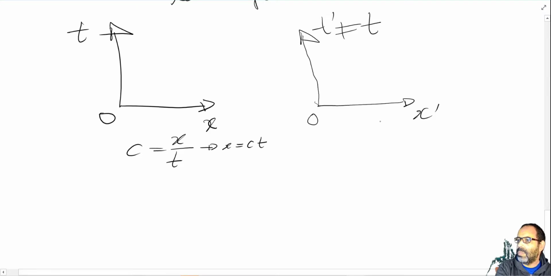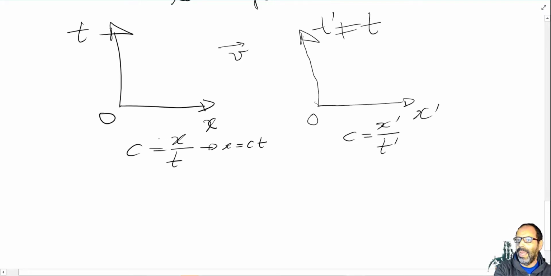If I do the same experiment in the other frame, the second postulate states that this observer, now measuring a distance x prime, which may not be the same because this frame is moving with a constant velocity v in the x direction, must get the same speed. So x and x prime cannot be the same, and therefore t cannot be the same if I expect this ratio to be the same.